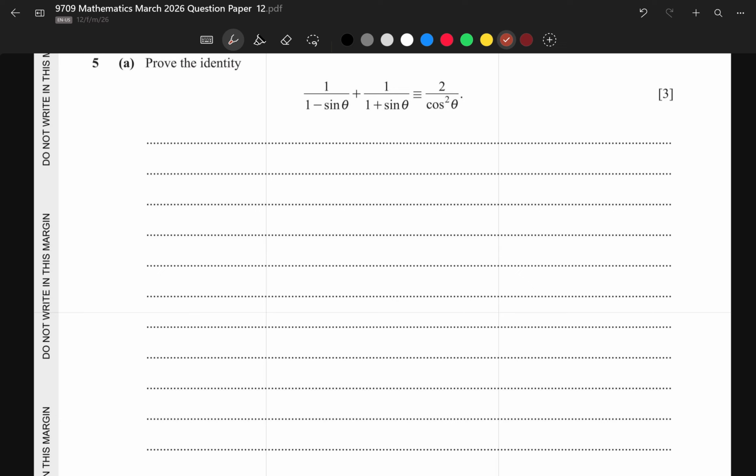Prove this identity. So first we'll make the denominators the same to add these.